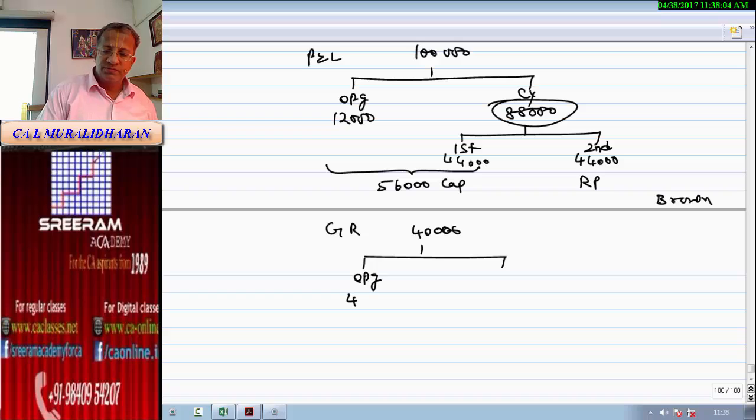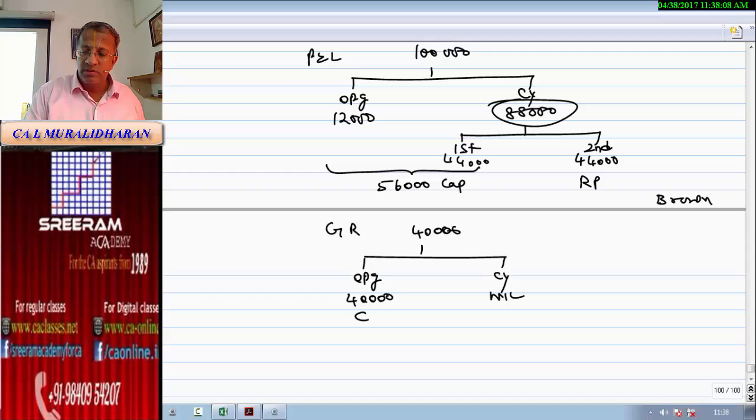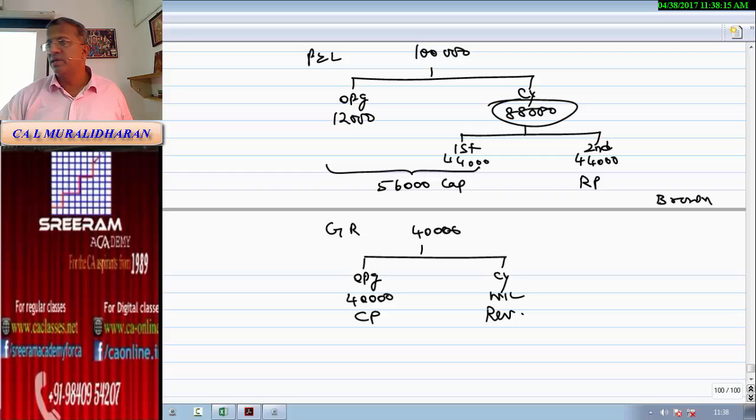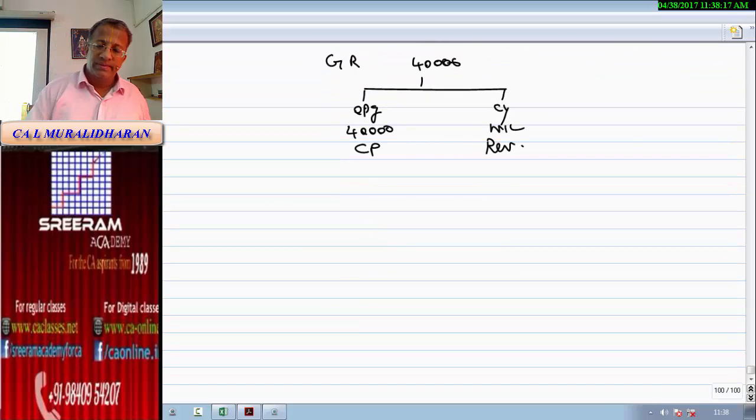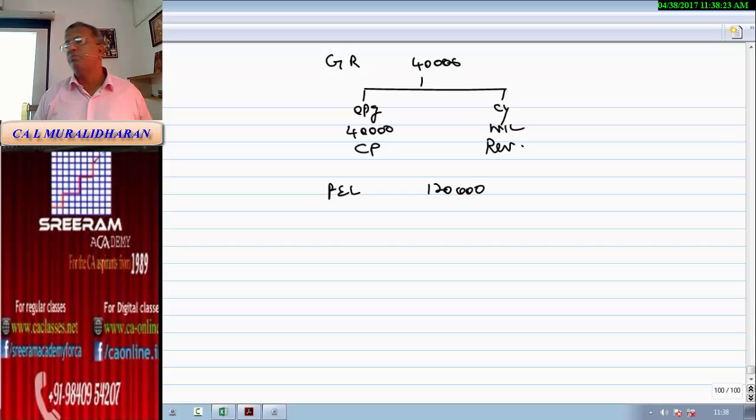Opening figure 40,000, current year should be nil, this being capital profit, this being revenue. Nil is revenue, there is no need to divide that first and second. Then profit and loss account of 1,20,000. Here is a place where we will be doing it in a sharper way, as how we have just done for Anglebolt and Canopy.